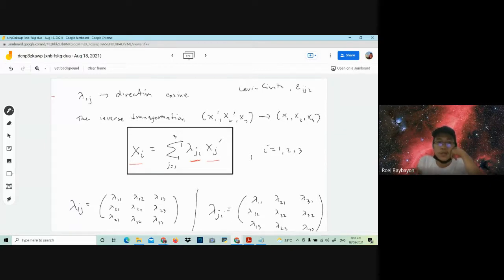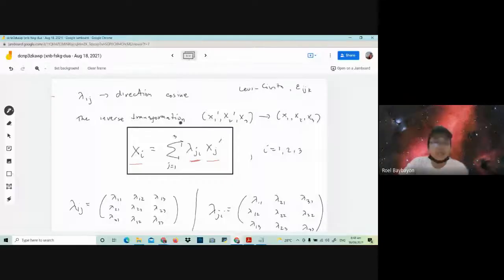Dapat kabaluta unsay mga notations or forms or protocols how to change the indices. Okay? So x prime to x na ko'y coordinate transformation ngayon nga ni. Okay?